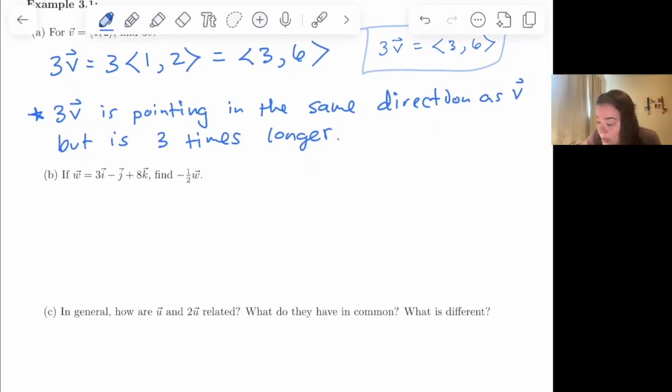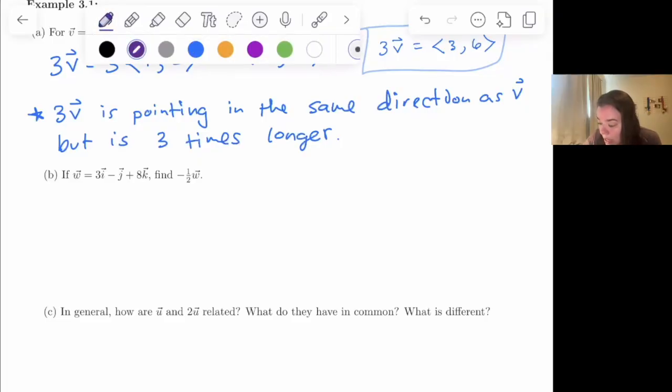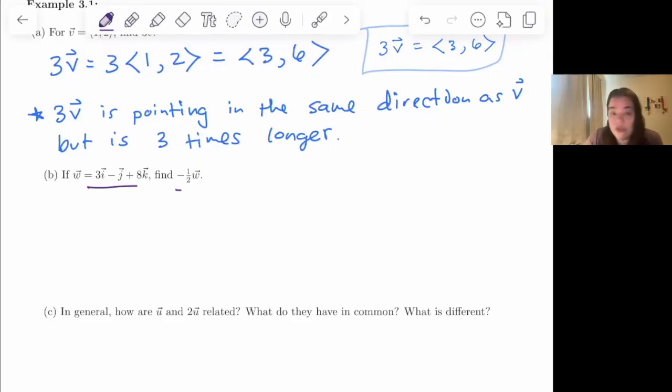Notice vector w is given to us in IJK notation, and then we are asked to find -1/2 of vector w. That's okay, we can still do this in IJK notation. -1/2 of vector w can be found by taking -1/2 times the vector in IJK notation.